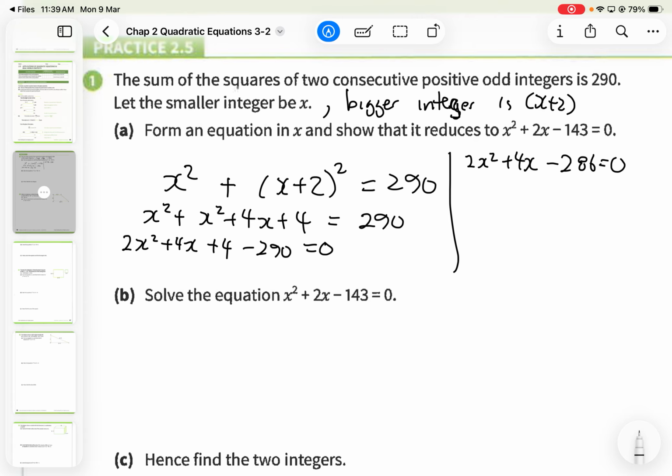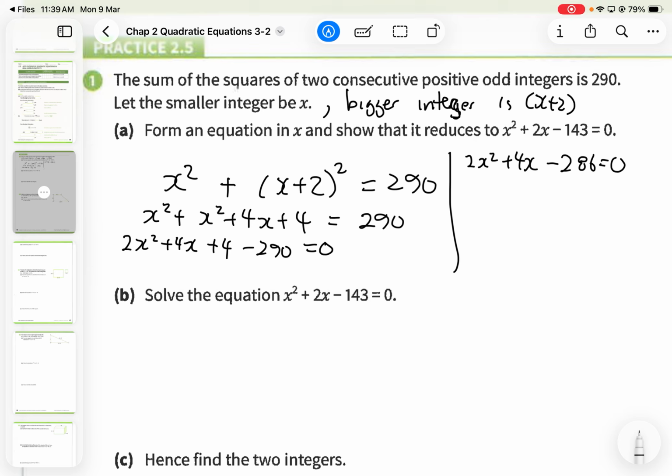Then you can see I am getting very close to what they want already. 2x squared can divide by 2, 4x can divide by 2, minus 286 also can divide by 2.